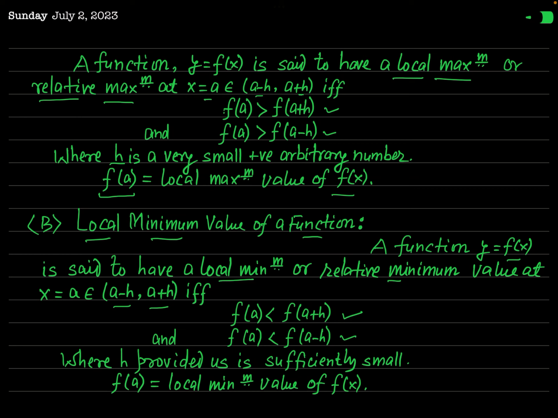Only then you can say that this f of x has a local minimum value at the point x equal to a. Here this h is a very small positive number, so I have mentioned that h is sufficiently small. And this f of a will be called the local minimum value of this function.